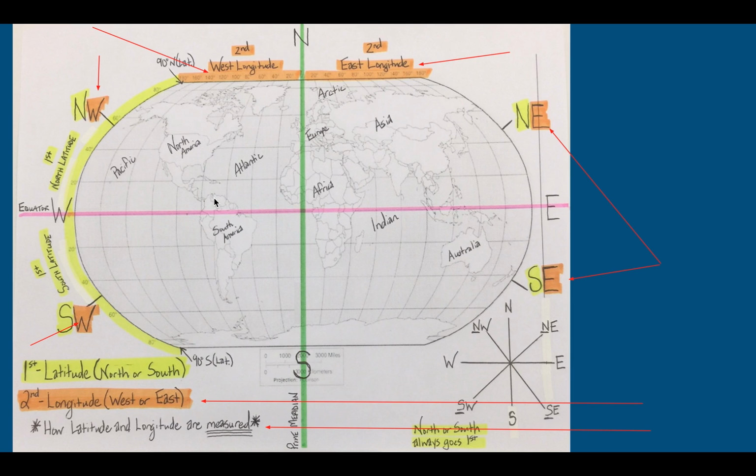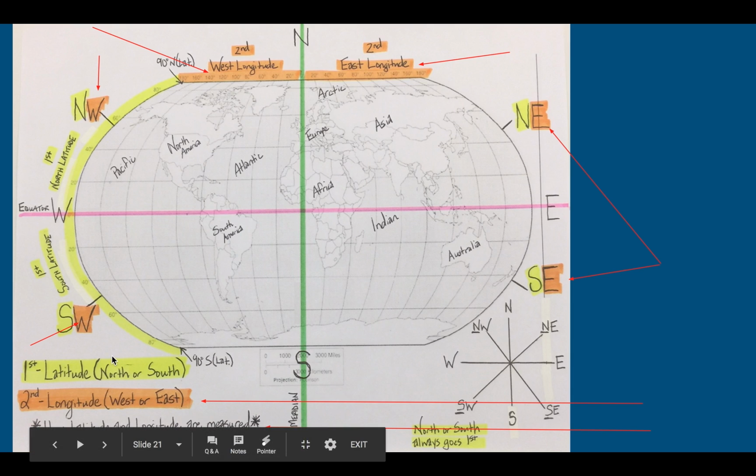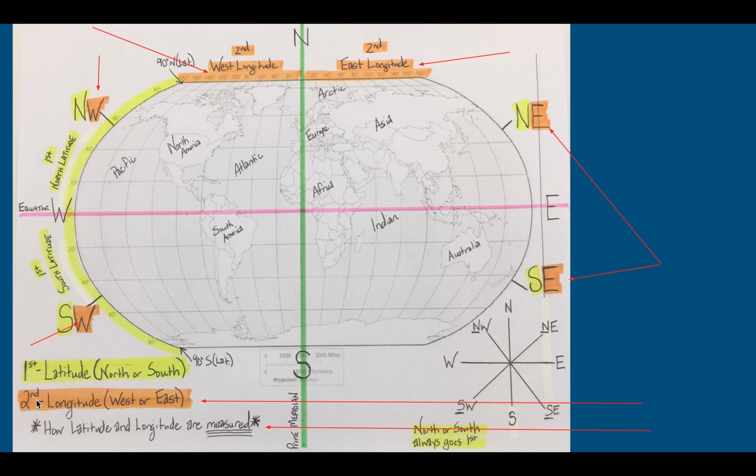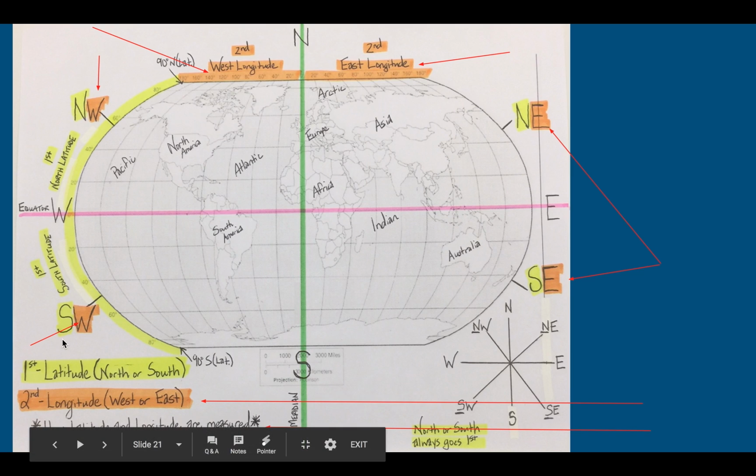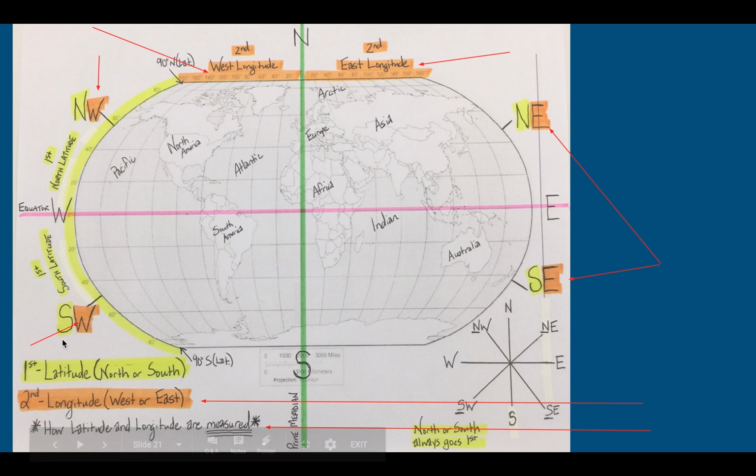From there, I want you to please focus on the bottom left. And I want you to write down 2nd dash longitude in parentheses, west or east. And underneath that, please write down your 3rd side note or point. And that will read how latitude and longitude are measured.